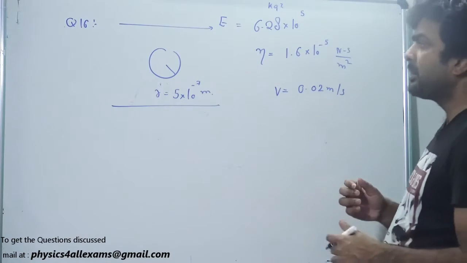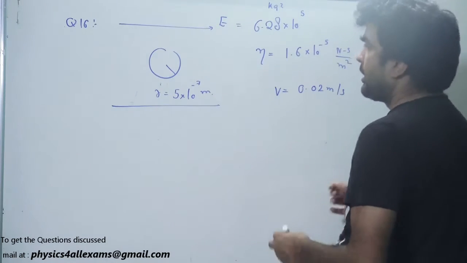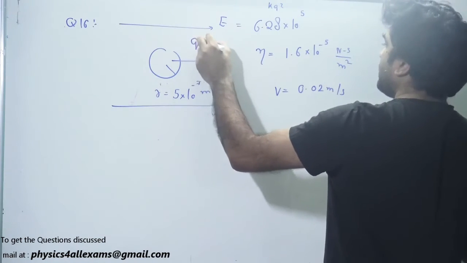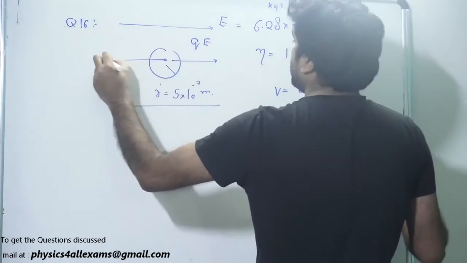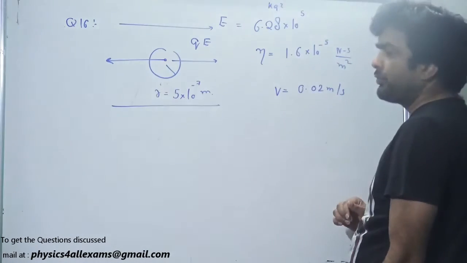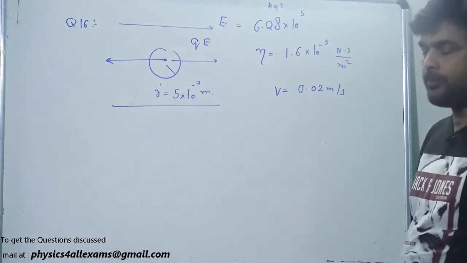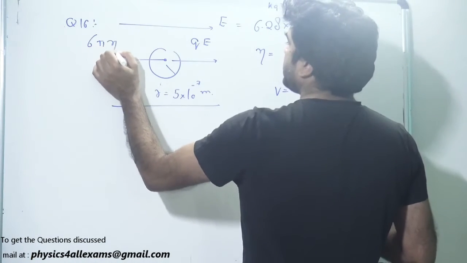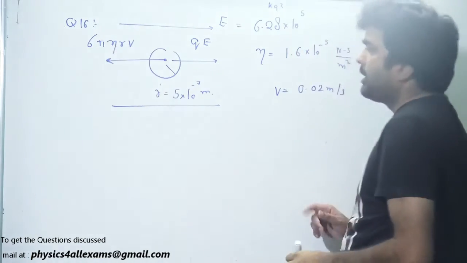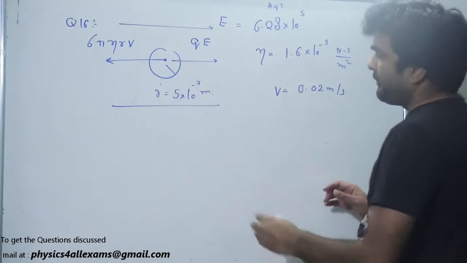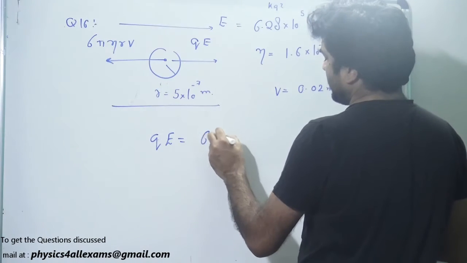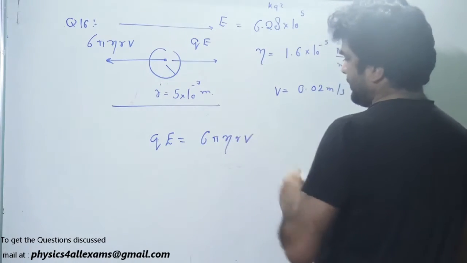When the particle attains terminal velocity, the forward force because of the electric field will be equal to the backward drag force, which we get from Stokes law, which says that drag force is 6πηrv. Equating these two, we will have QE = 6πηrv.